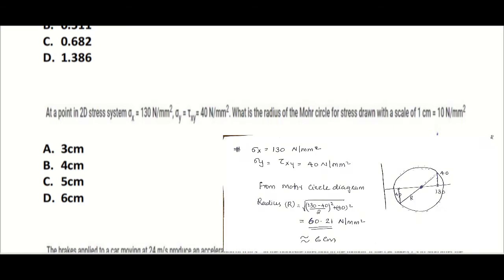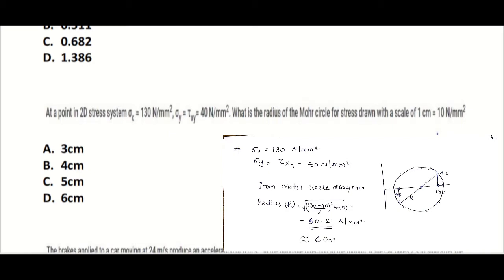For this question, first we need to draw the Mohr circle diagram. Sigma x is given and sigma y is also given. Mark these points sigma x and sigma y on the axis, 130 and 40 respectively, and draw tau xy in the upward direction.